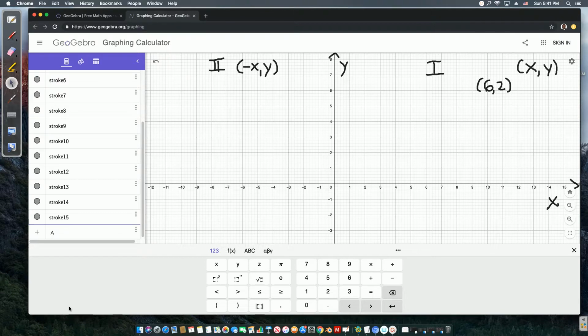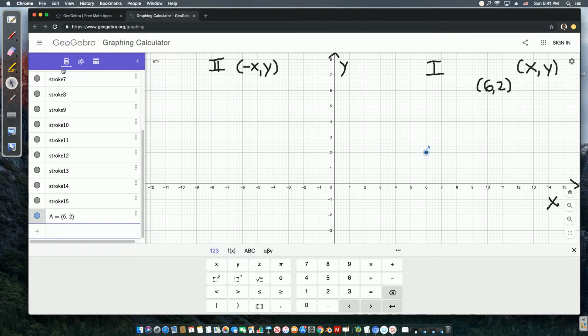So let's see, A, and let's say 6, 2. Not 20, but 2. All right, so point A resides right here. We're saying that the coordinates for this point are 6, 2, and let's show why.